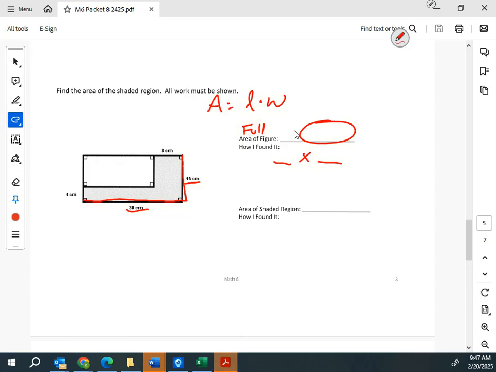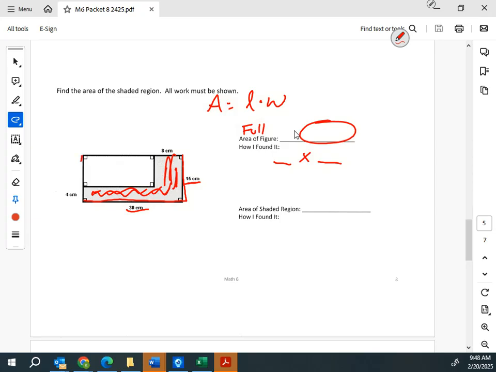Area of the shaded region, oh my goodness, that shaded region is a goofy shape. In order to find that, what do I have to take away from my full figure? Sarah? Yeah, I need to take all this white area out of it. I need to subtract that out.